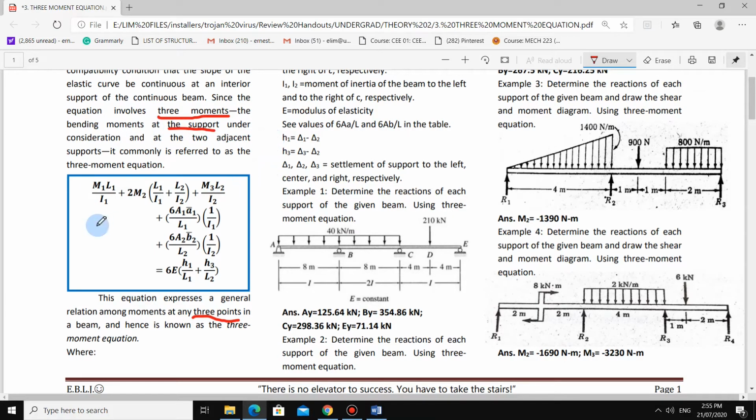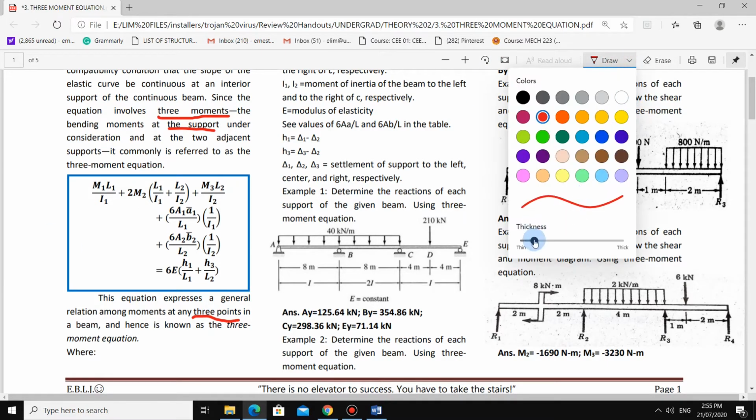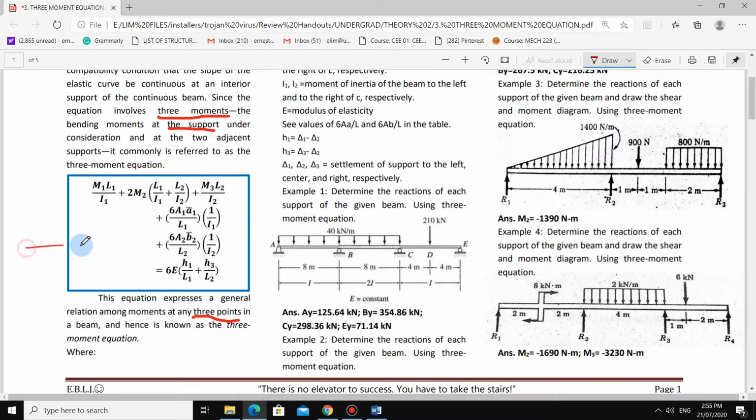So what that means is, say for example you have this continuous beam here, with a hinge support and rollers. The bending moment at the support under consideration is the center support.